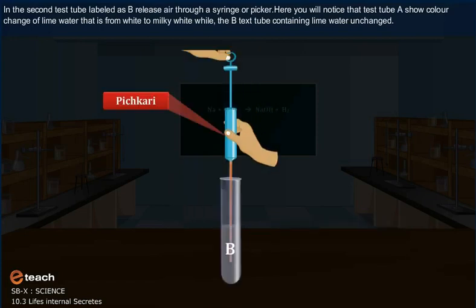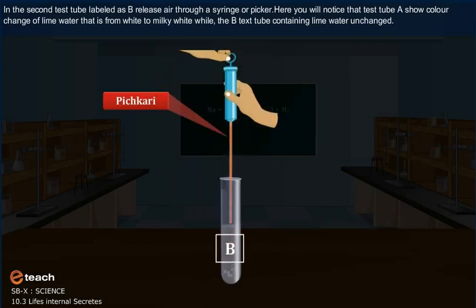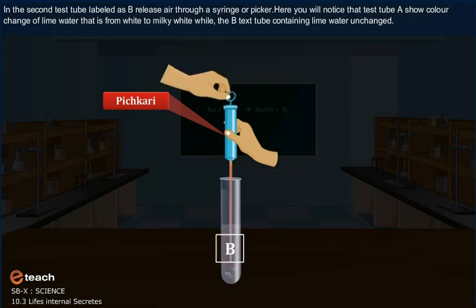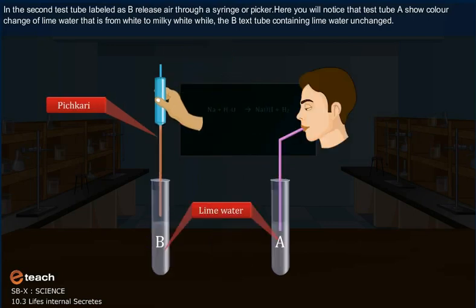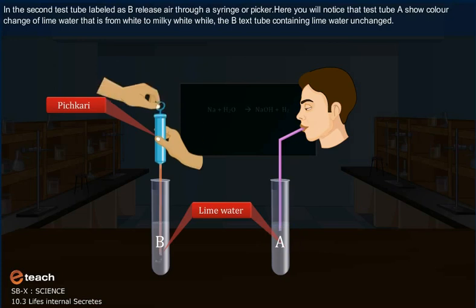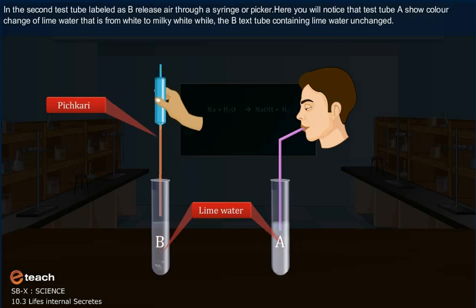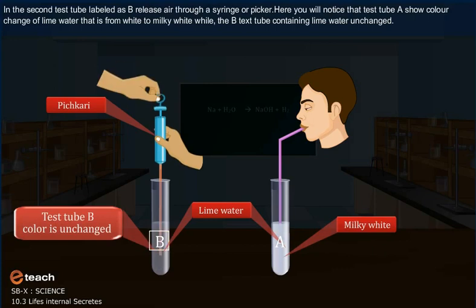In the second test tube, label as B, release air through a syringe or picker. Here you will notice that test tube A shows color change of lime water, that is from white to milky white, while test tube B containing lime water is unchanged.